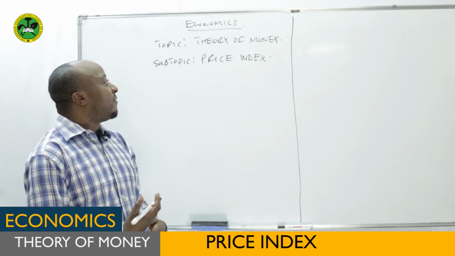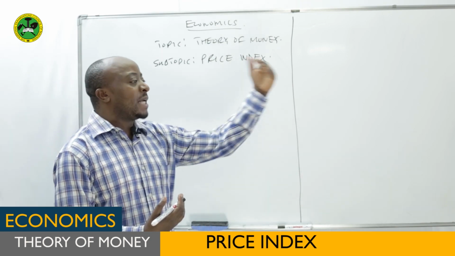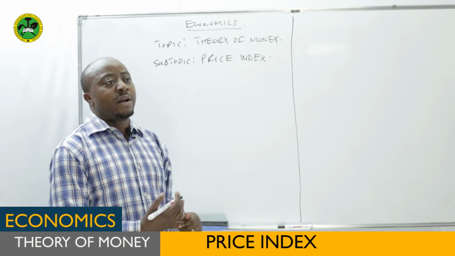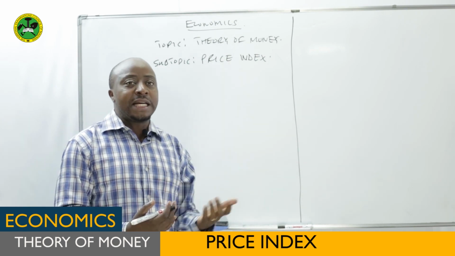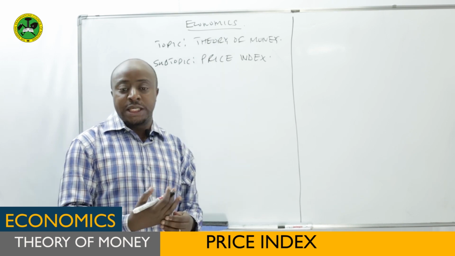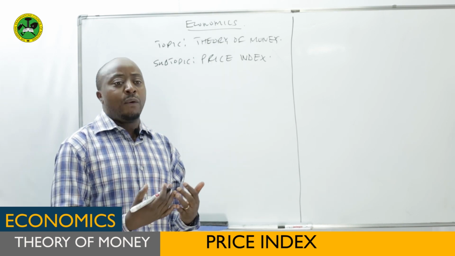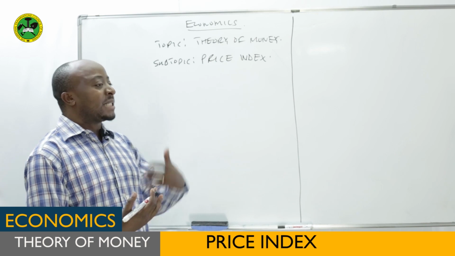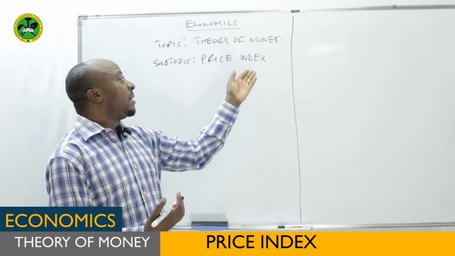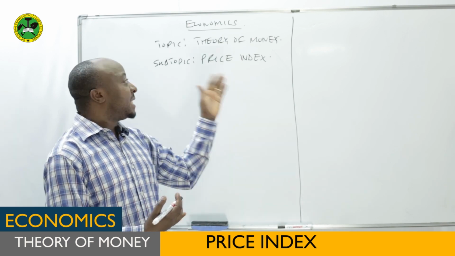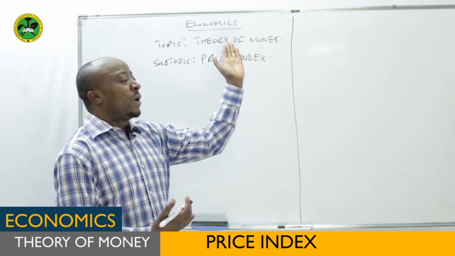Because money is related to the price of goods and services, prices of goods are changing from time to time. As they change, we can measure the rate at which those prices are changing. When we say we want to measure how prices are changing from time to time, it is then that we say we are measuring price index. So the price index has a direct relation with money.